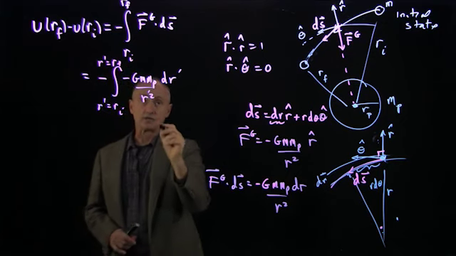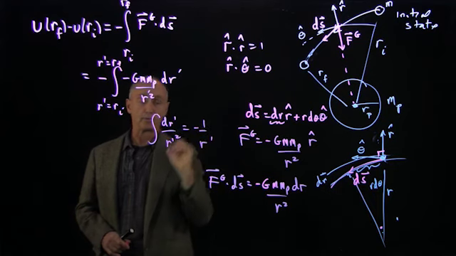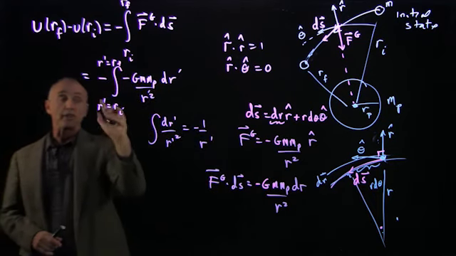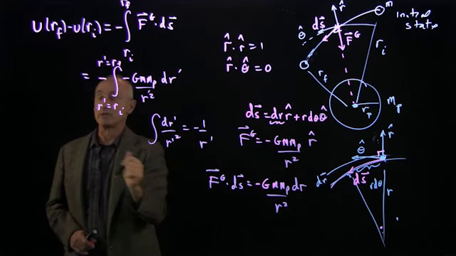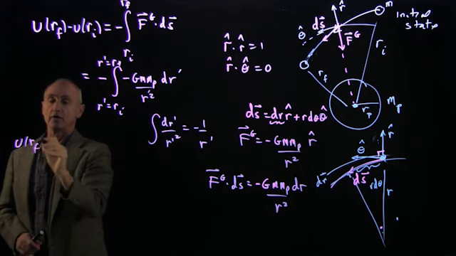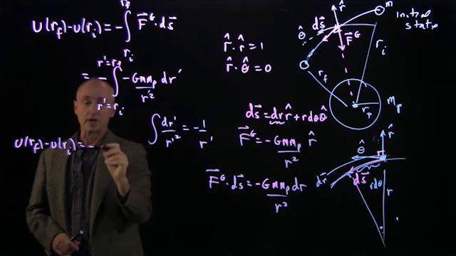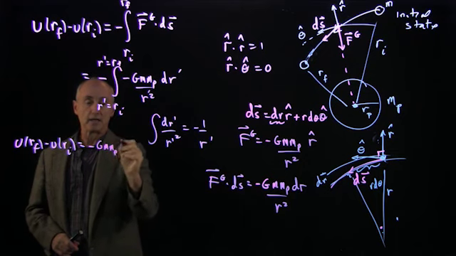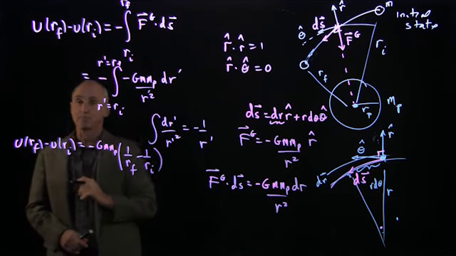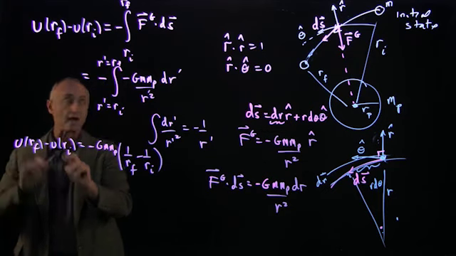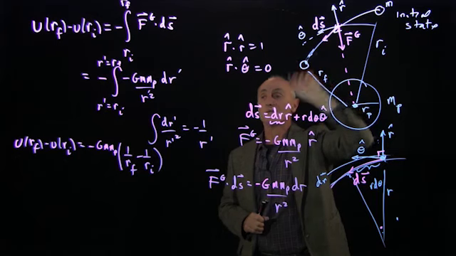And there's going to be a third minus sign because the integral of dr over r prime squared is minus 1 over r prime. So there'll be 3 minus signs, 1 from the definition, 1 from the scalar product, and 1 from the integration. And so we get U of r final minus U of r initial equals, 3 minus signs give an overall minus sign, G m planet times 1 over r final minus 1 over r initial. So this is the change in gravitational potential energy as my small object goes from some initial state to some final state.